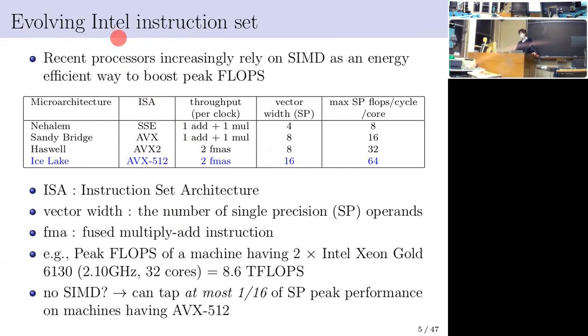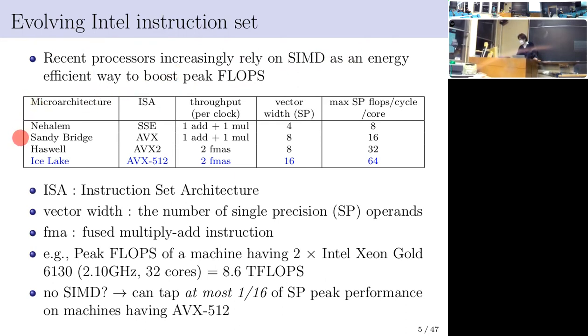But basically, SIMD is a cheap, economical way to boost peak performance. Recent processors increasingly rely on SIMD as an energy efficient way to get better peak performance.